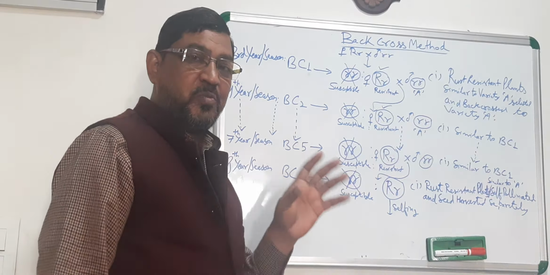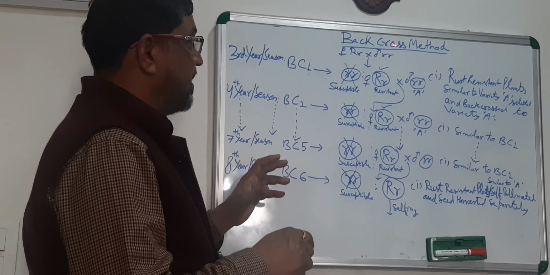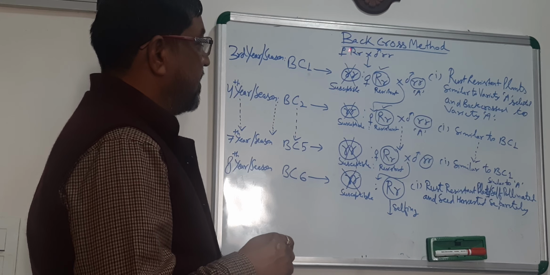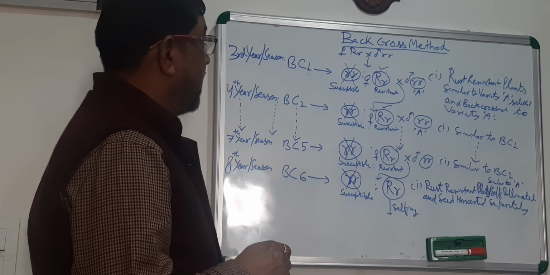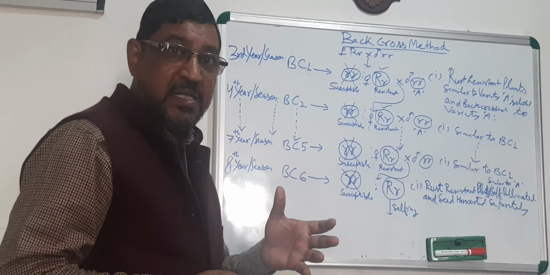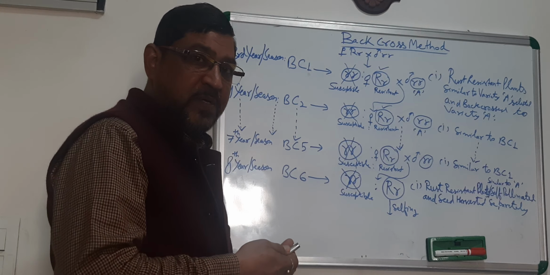So now come to the third year. This was the second year you have seen, and you have selected the plant. All the plants in the F1 generation were heterozygous but homogeneous.